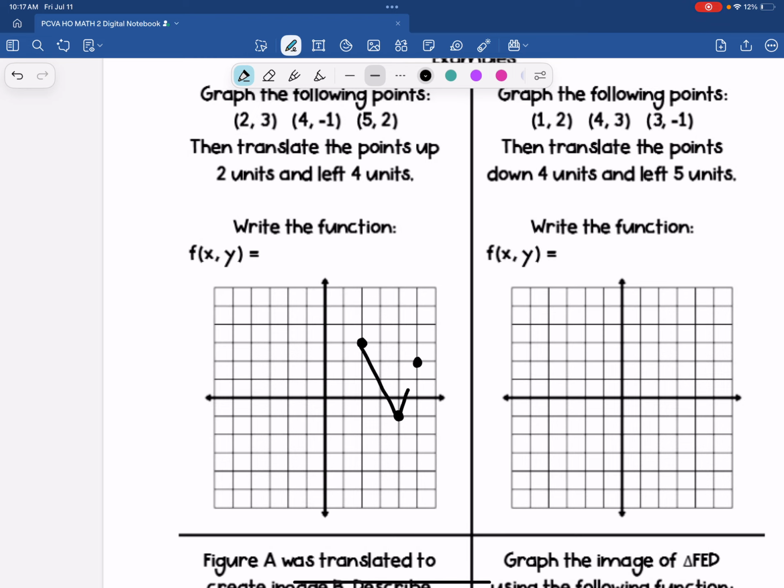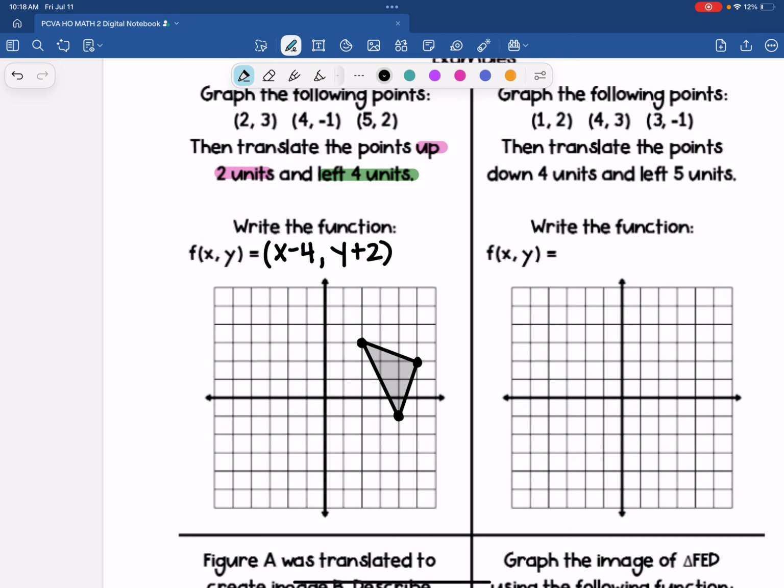All right, so I have this triangle here. And that's going to be my pre-image, and they want us to translate it up 2 units, and then left 4 units. Okay, so if we're going to the left, that means that my function rule is going to be x minus 4, and my y is up, so that's going to be plus 2.